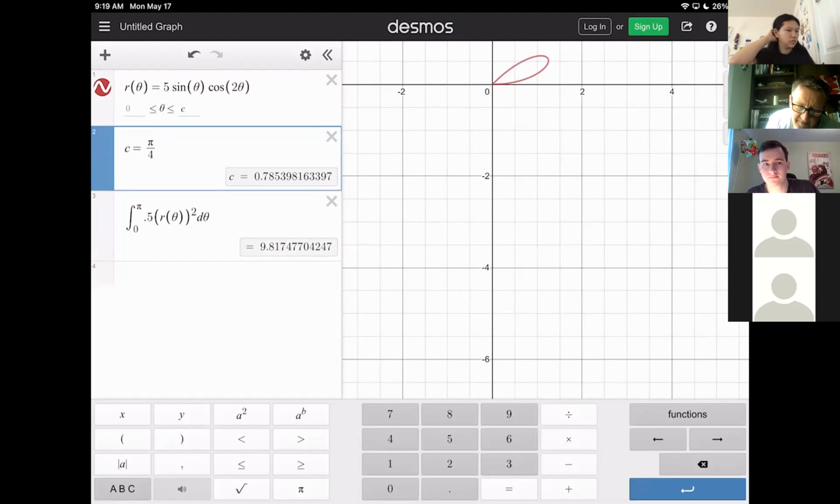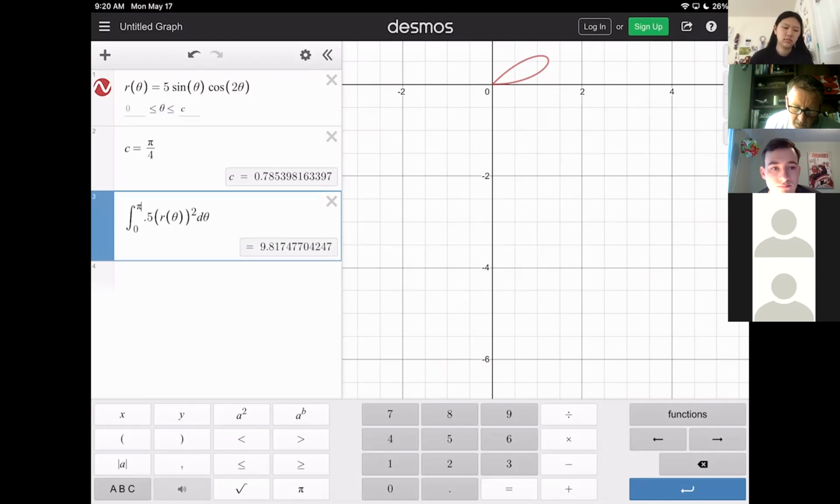Okay, then it took off from there and went around, but let's go get this answer really quick. So that's 0.371 for that area.